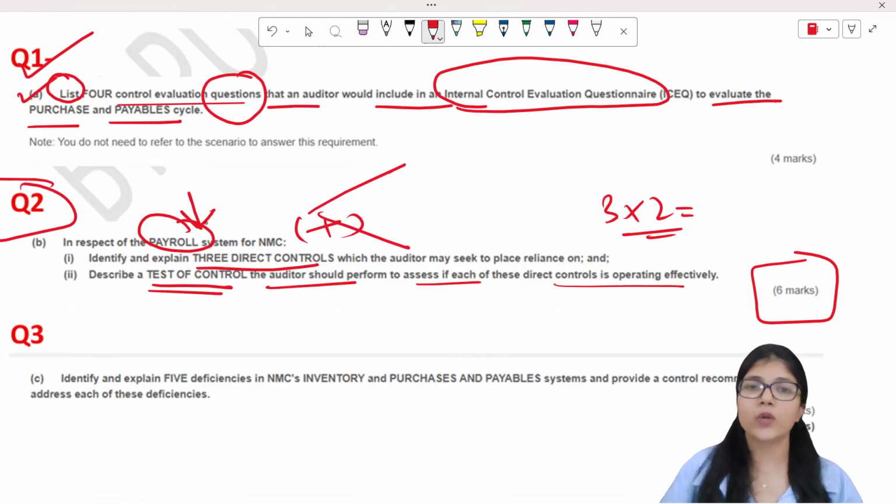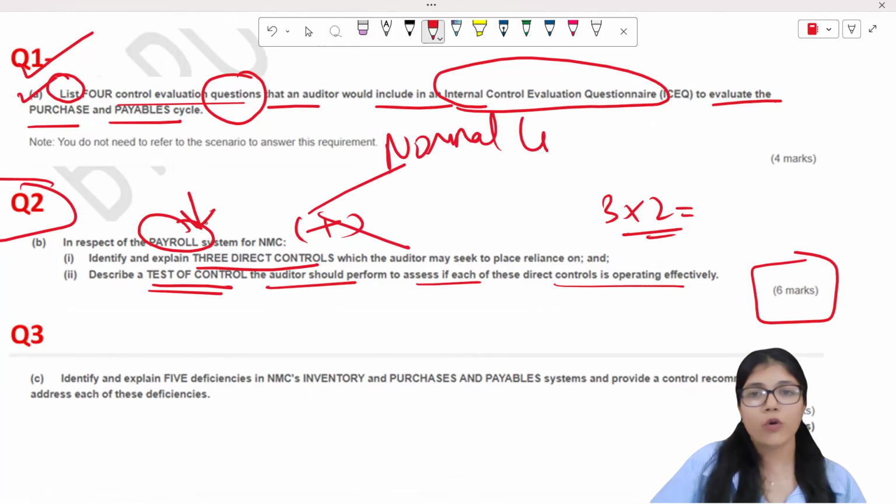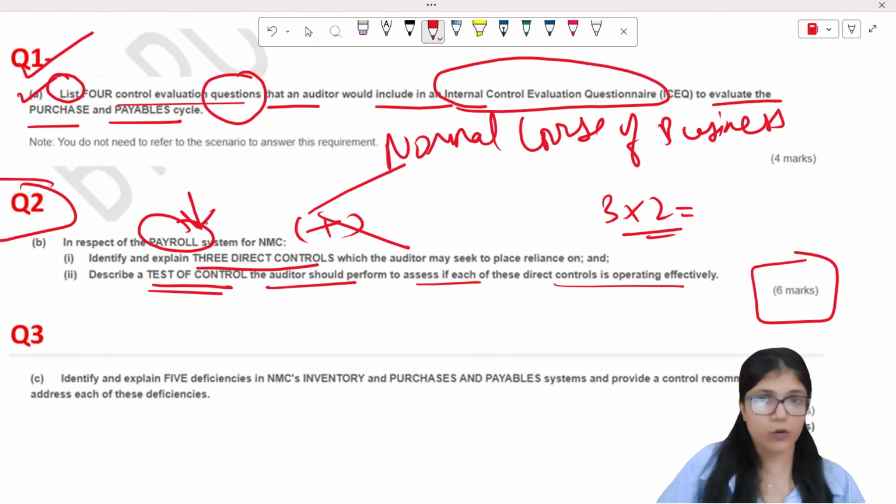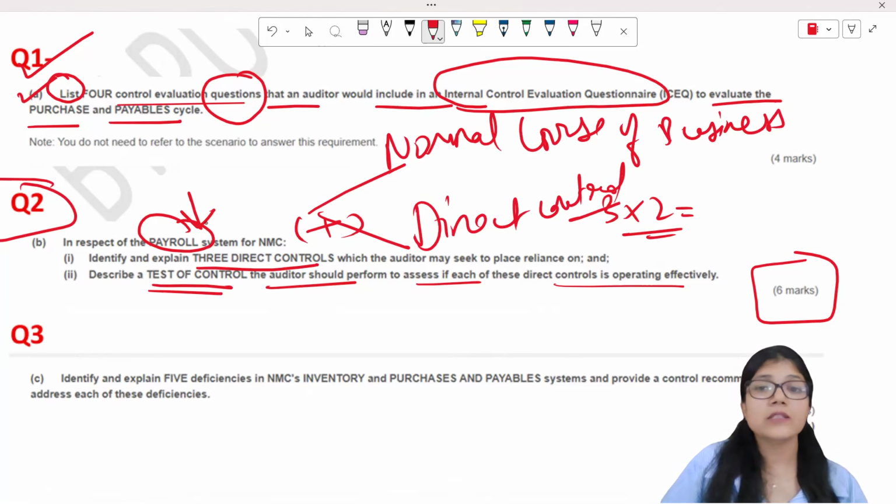One thing I just want to again reiterate is that there is a difference between the activities of normal course of business and direct control. Not all things that the management is doing is a direct control.